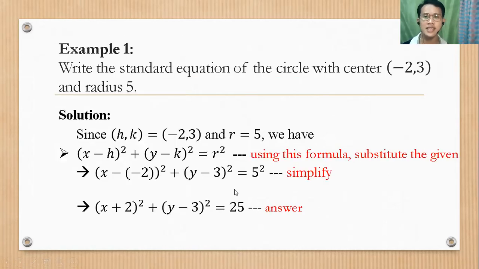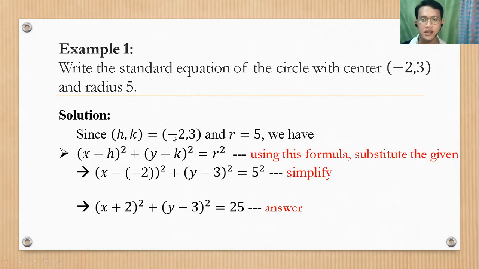Okay, let's try example number 1. Write the standard equation of the circle with center (-2, 3) and radius 5. Okay, I have here the solution, guys, below. Since (h, k) is equal to, in our given, (-2, 3), and r is also 5, using the standard equation, we substitute the given.